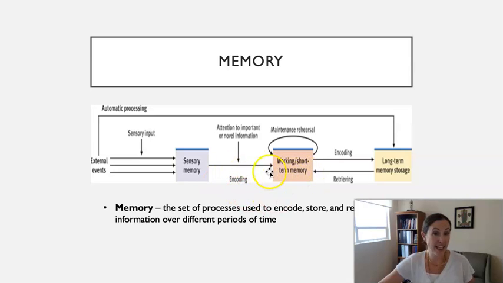And that is through that encoding process. There are 2 times encoding is going to take place: moving from sensory to short-term, and then short-term to long-term. But right now we're focusing on short-term memory.